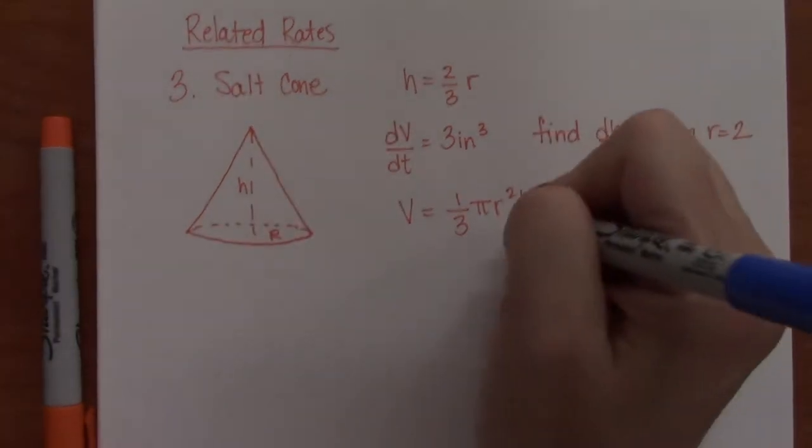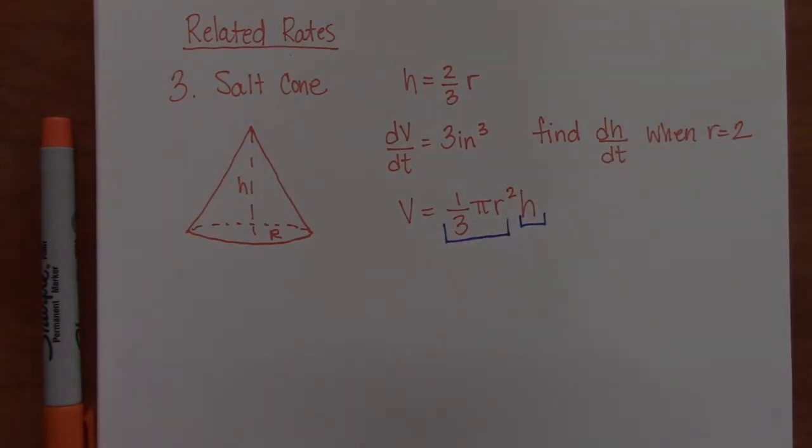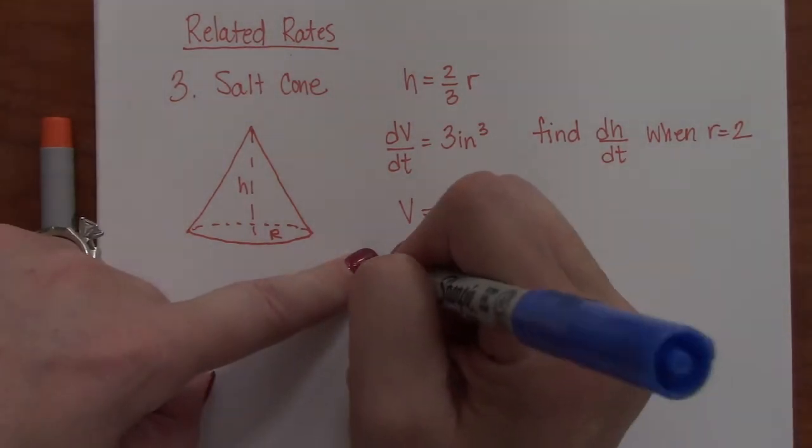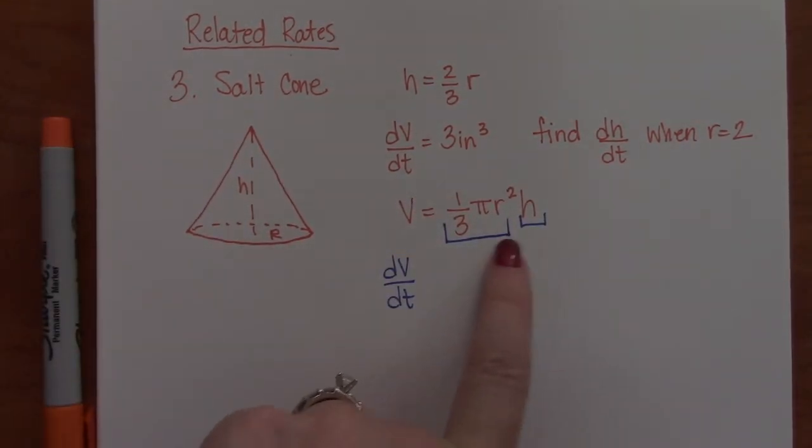So this is implicit differentiation, except now every variable gets a dt on it, but only when we take its derivative, just like with implicit differentiation. So the left side here is dV/dt. This is a product rule.